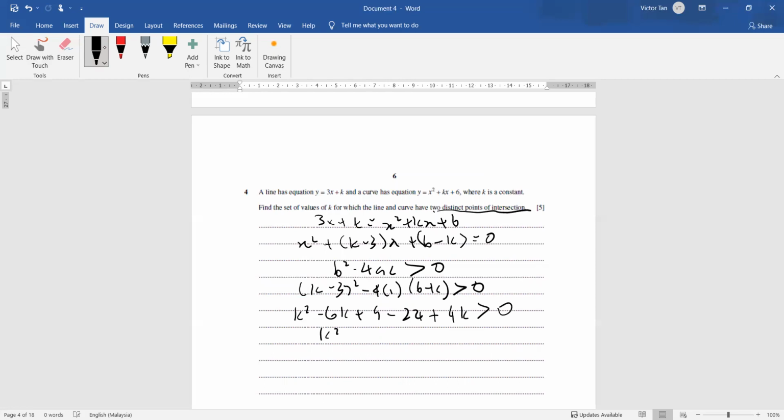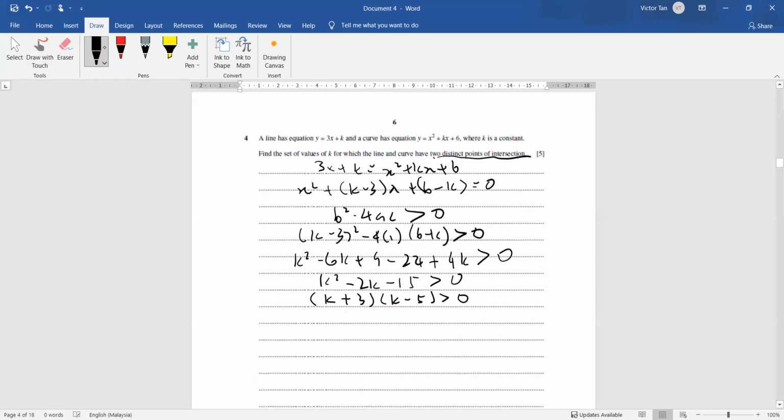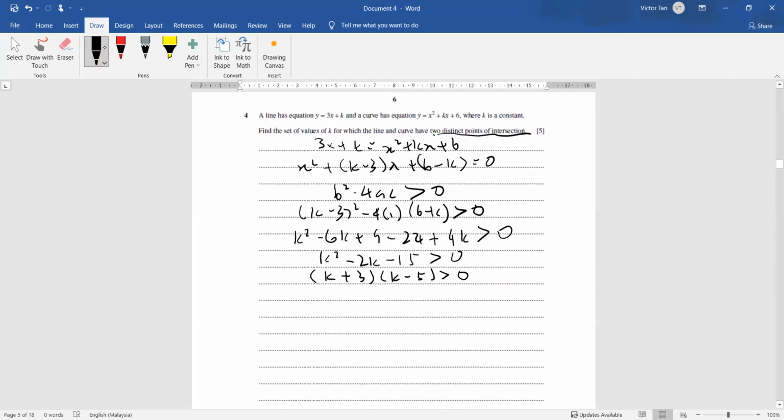So you have k squared minus 2k minus 15, by factorizing (k plus 3)(k minus 5) larger than 0. So if it is larger than 0, then the values of k are beyond the 2 roots. So k is smaller than minus 3 and k is larger than 5. That's the solution.